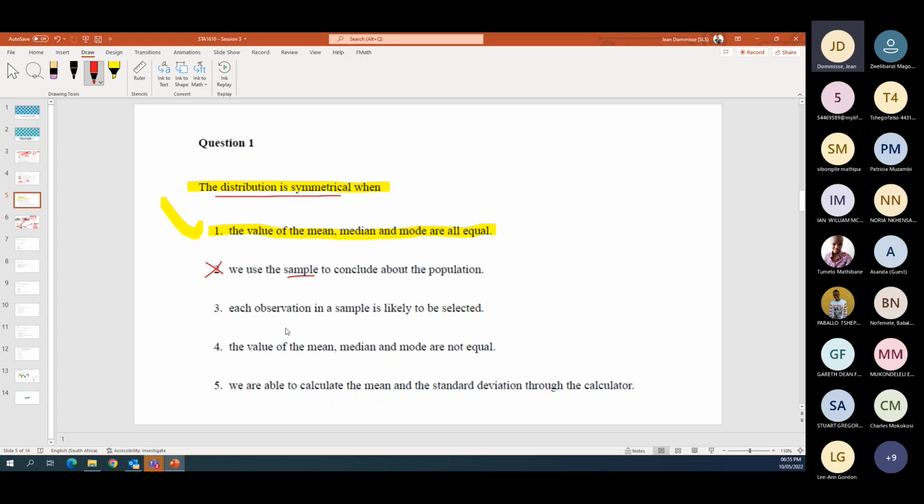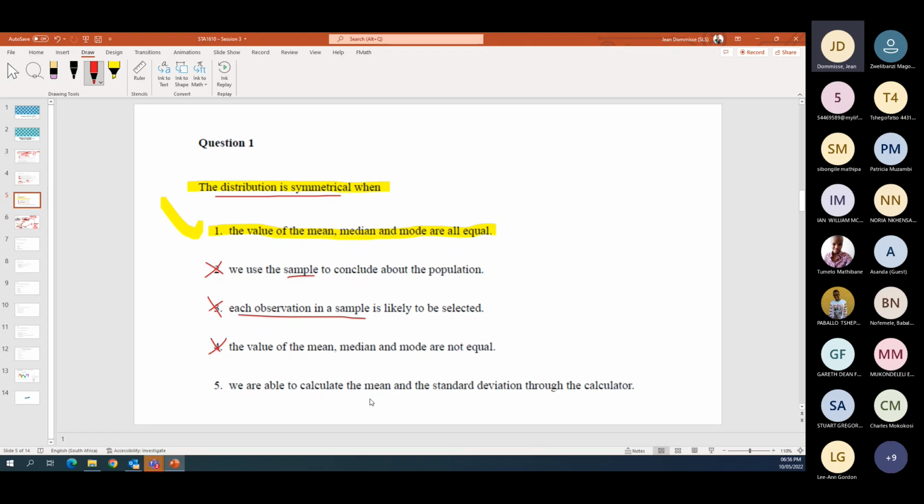Each observation in a sample is likely to be selected. Again, that is true, but it has no relation to whether something will be symmetrical or not. The value of the mean, median, and mode are not equal. Okay, so that is definitely just wrong, because they should be.